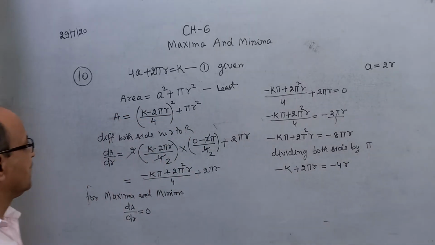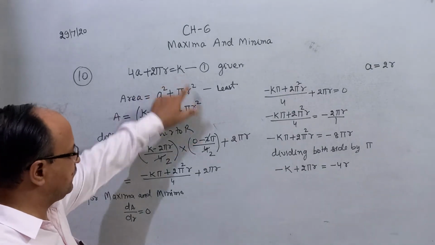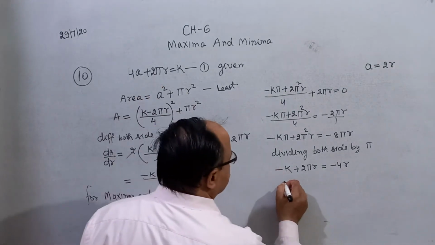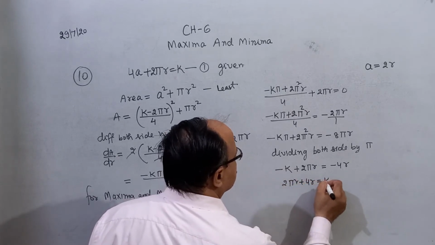Now can you put the value of k from here? Or you can write it like this: 2 pi r plus 4r is equal to k.